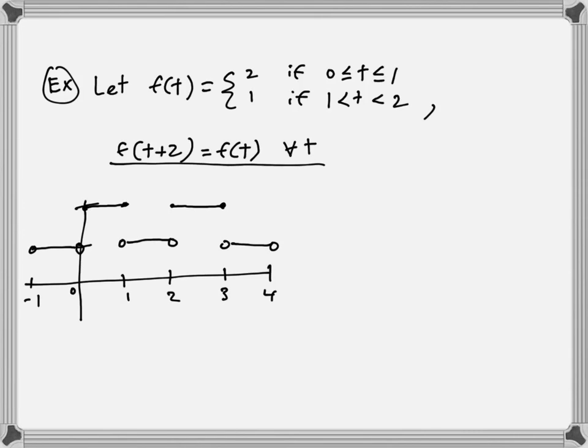So why do we call this periodic? Because it's the same graph repeated over and over. And so what would the period be? f is periodic with period equal to 2, because it takes 2 each time to do one full cycle. That's how long it takes to repeat.